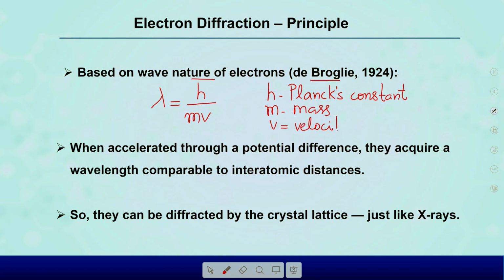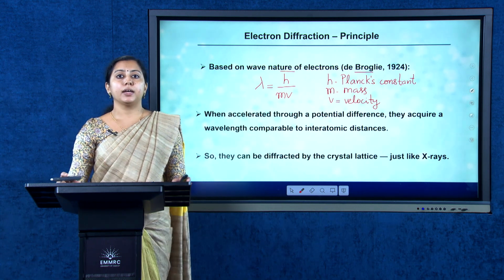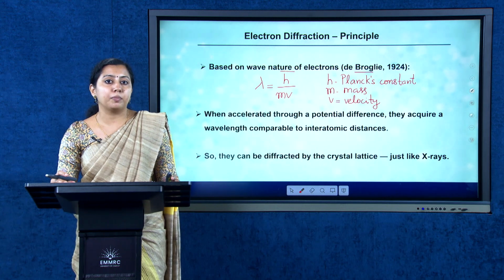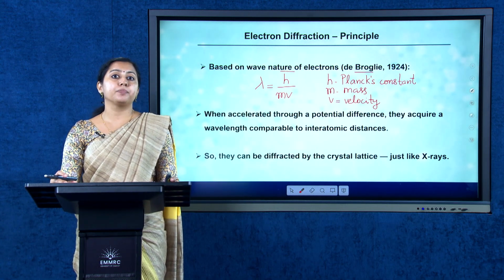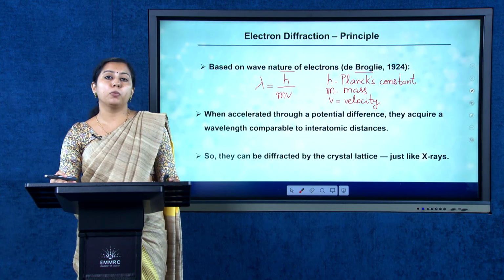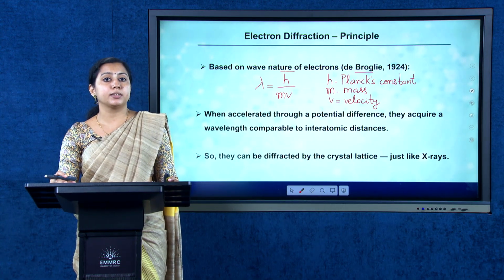So, mass into velocity is the momentum, and this can also be written as h by p.